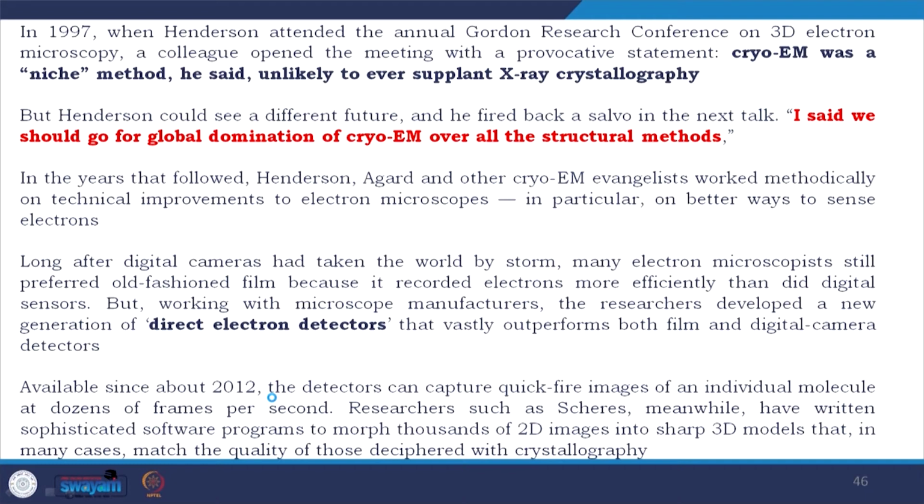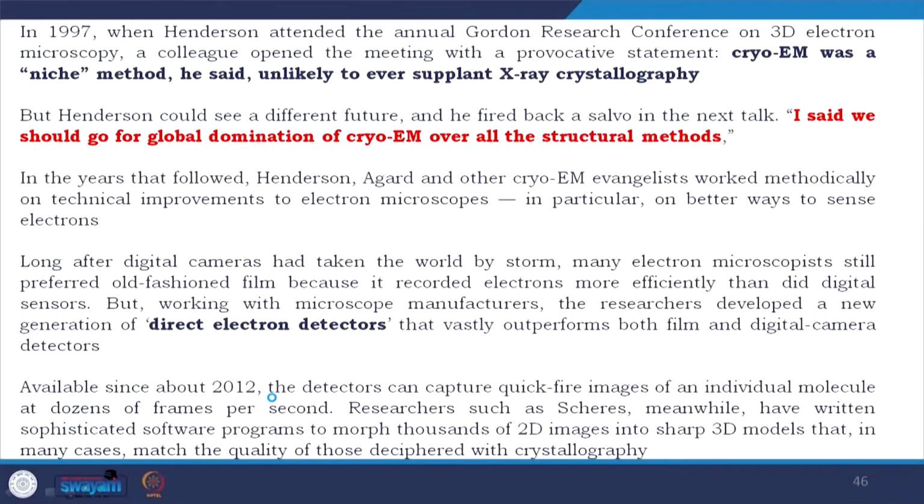So, the innovation of direct electron detectors, as I have told in the course for some time, is one of the keys. Available since about 2012, the detector can capture quick fire images of an individual molecule at dozens of frames per second. These have given cryo-electron microscopy a very significant move.